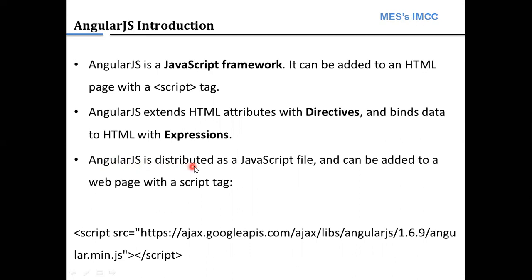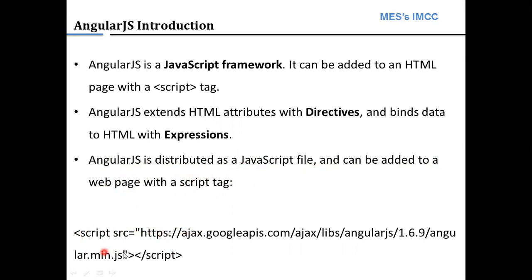AngularJS is distributed as a JavaScript file and can be added to a web page with a script tag. We can distribute the JavaScript file, which can be added externally into your HTML file with the help of the script tag. This is a CDN, that is a content delivery network. I have added a small code which is available on the Google API.